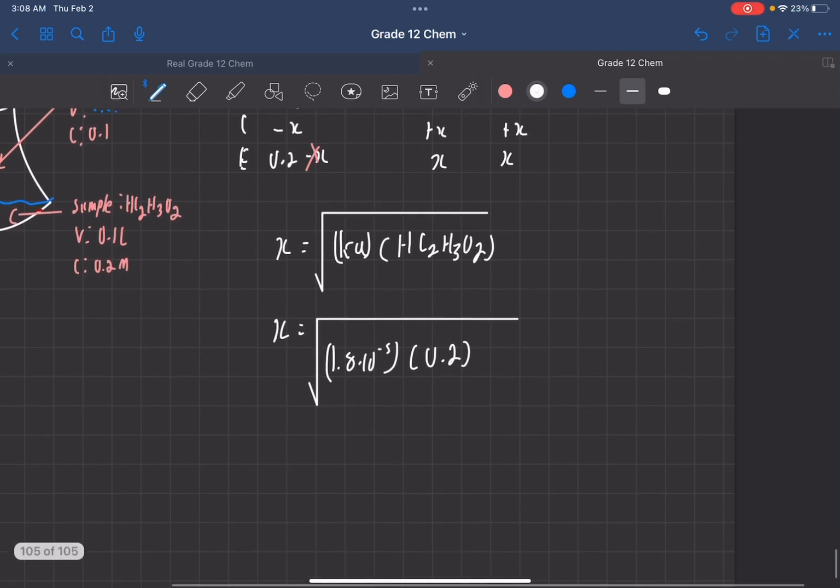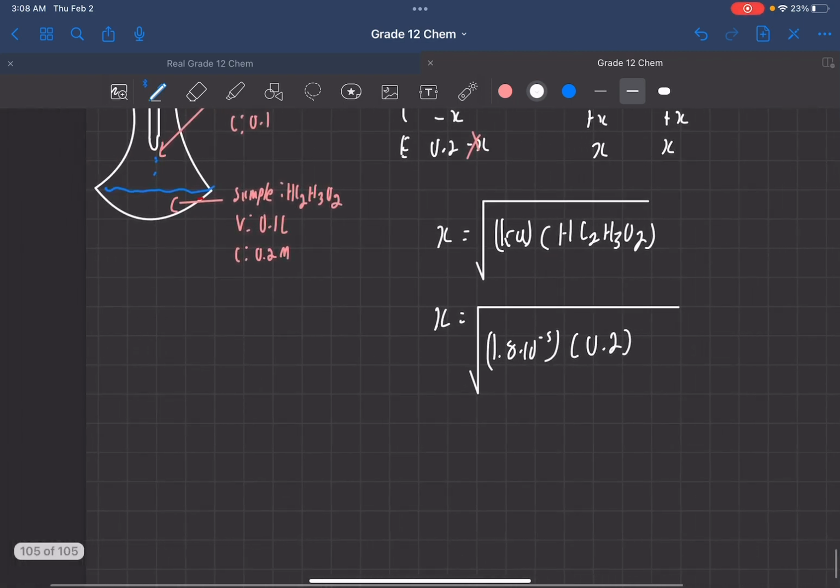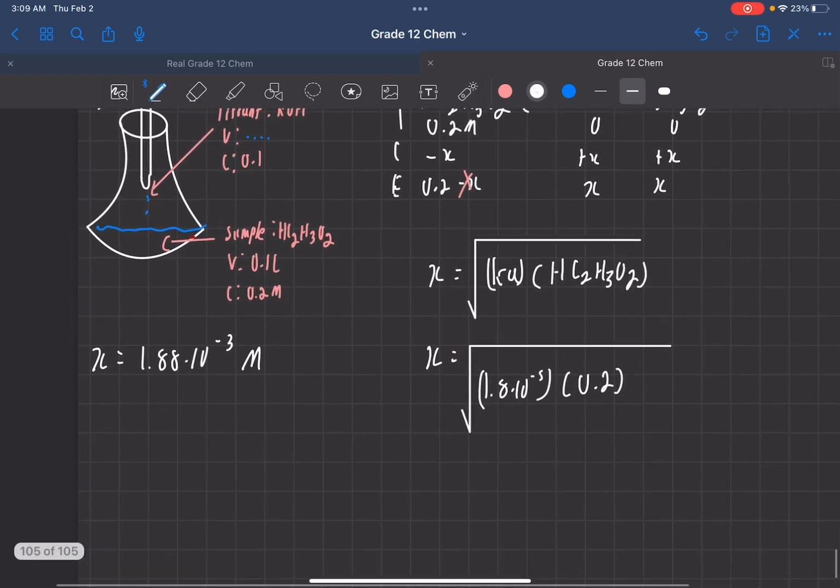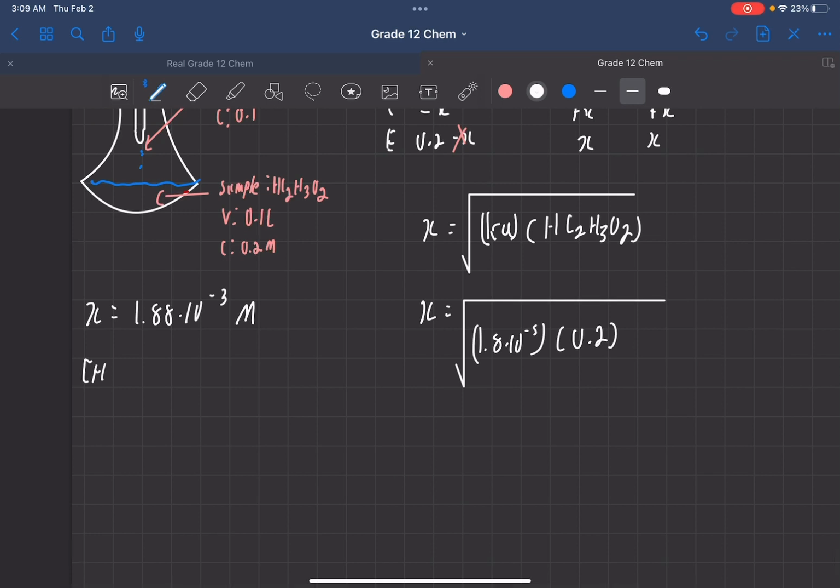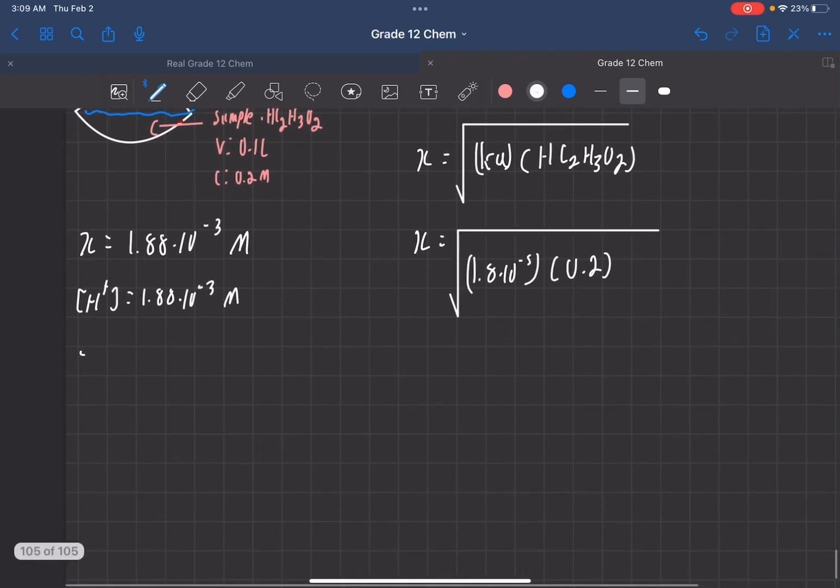We got rid of the X because it's negligible. If you put that into your calculator, your X ends up being approximately 1.88 times 10 to the negative 3 molar. And remember, your X is also your hydronium, so your hydronium is 1.88 times 10 to the negative 3 molar. And your pH is just the negative log of that.